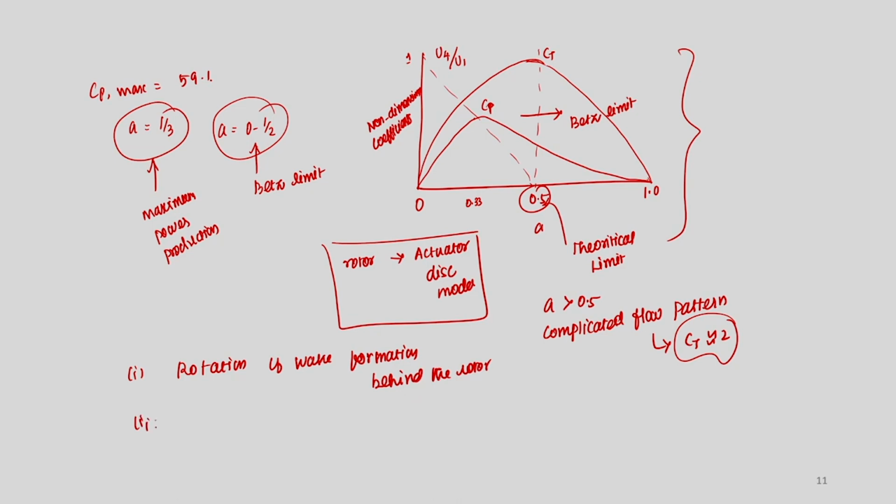So, the second reason would be the finite number of blades, because we considered an infinite number of blades. If you consider this, then this leads to associated tip losses.